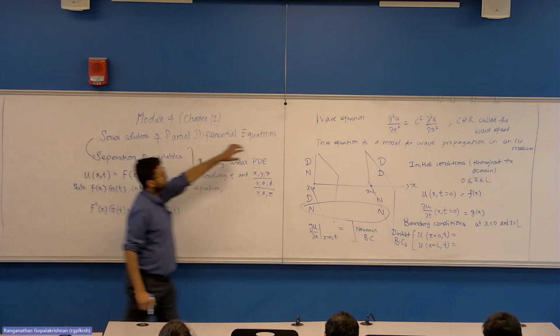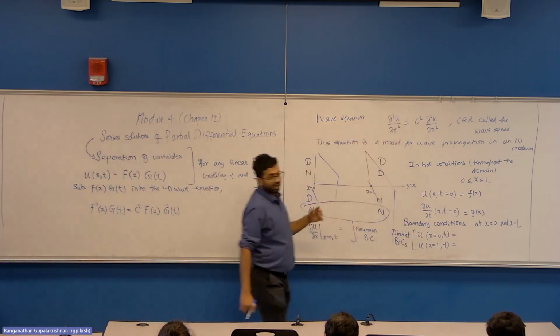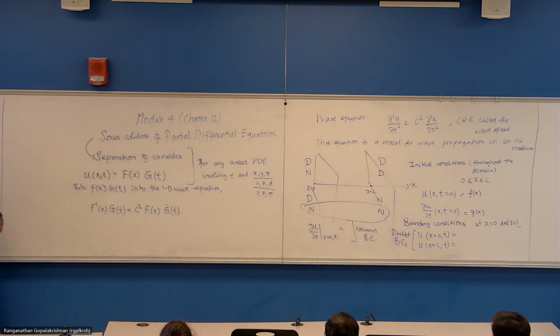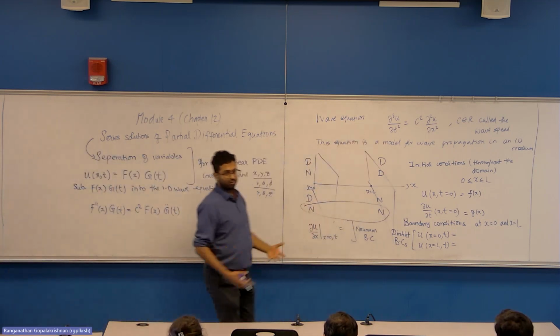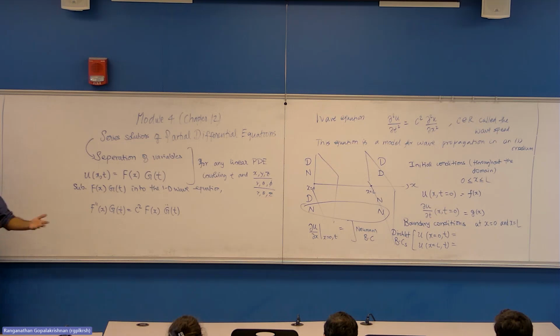I'm just substituting here u equals f times g. If you have any question or some confusion, not sure how we got this from the wave equation, please let me know. I just skipped a step, assuming you would not find that to be a problem. Are we good?